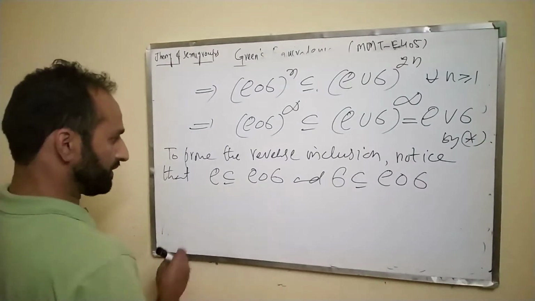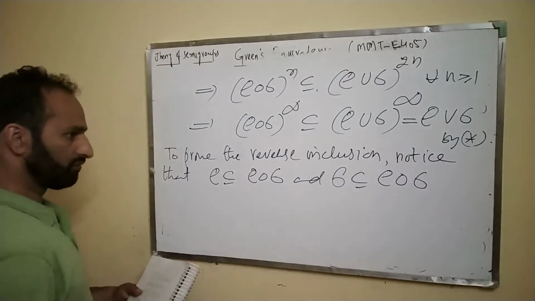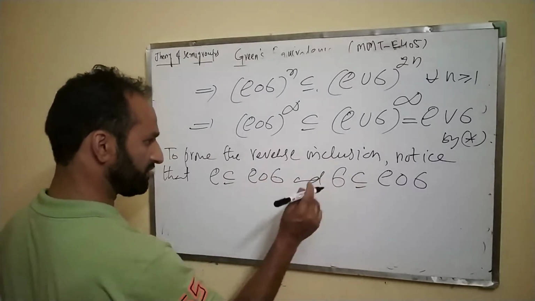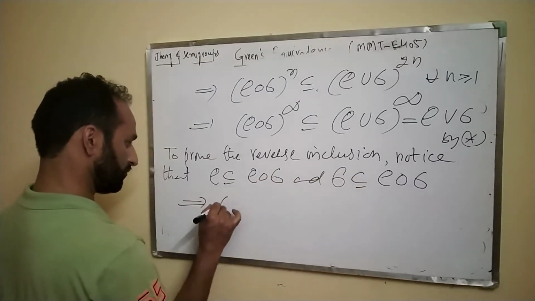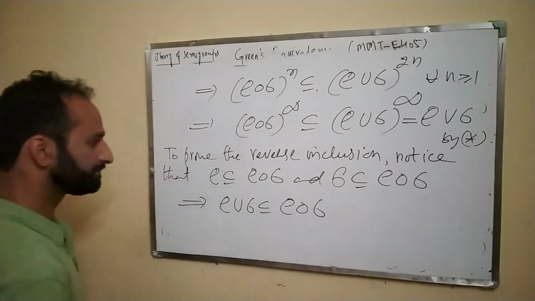Now let's see the union actually. What about the union? Their union will be a subset of the same relation, because they are subsets of rho composite sigma.